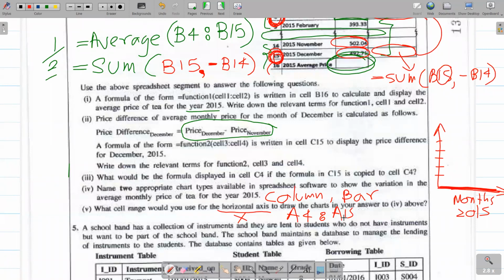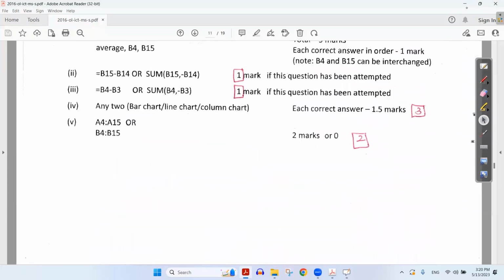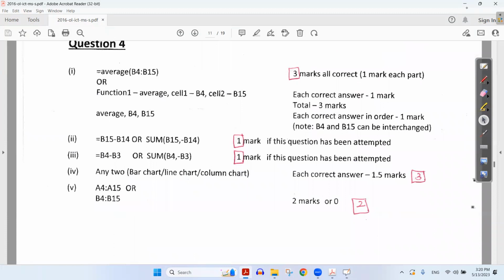Okay. Let's see how the marking is done. This is the way it happened, so you can mark accordingly. For the first equation, 3 marks. The second part, it is 1 mark.